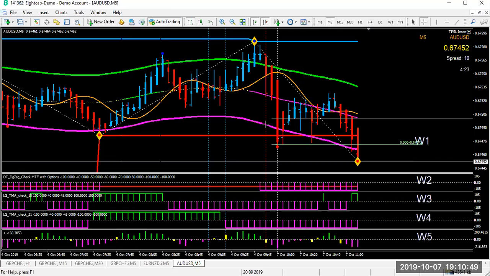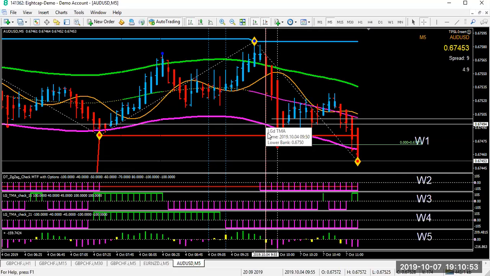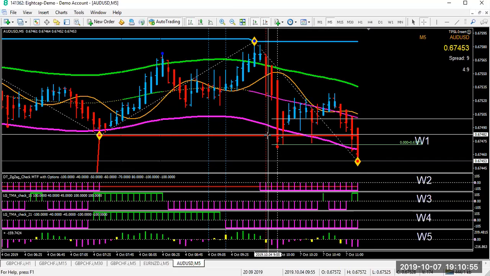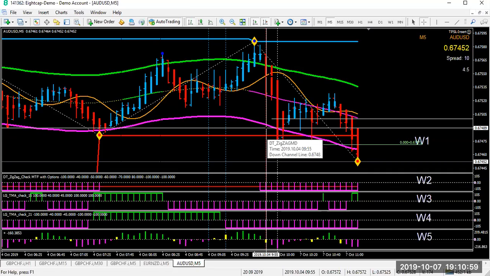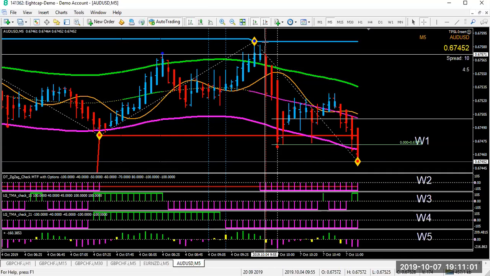It's reached the riverbank, remember? It's reached the opposite red channel line as well. On M5 it's 10 pips a channel, so the channel's too close, and 10 pips down is pretty much from the open price of the special candle.